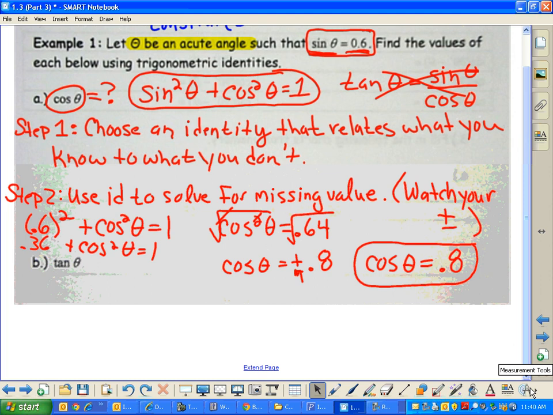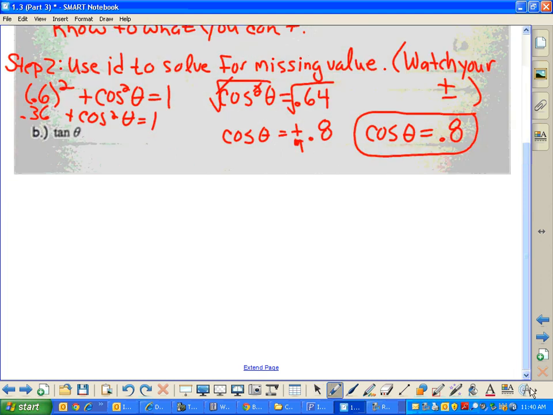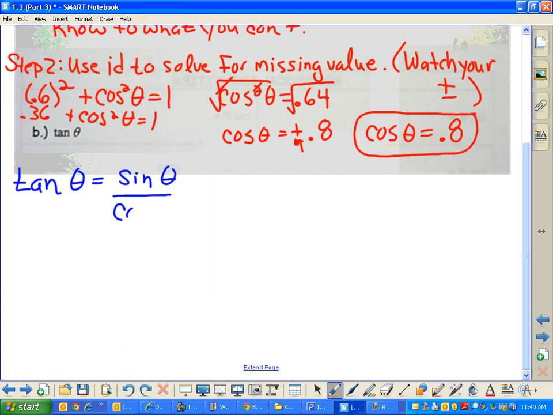So I need somebody to pick an identity that relates tangent, sine, and cosine. Michael. Yep, the quotient identity for tangent says that the tangent of theta must equal the sine of theta over the cosine of theta.